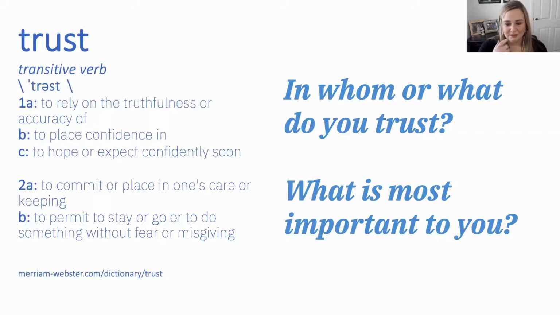If you look at the second definition for trust, it says you could commit or place in one's care or keeping. If you trust somebody with a secret or something like that, that's often a bit harder of a trust to give. When we log into something online, we place trust in whoever that service provider is, that they are protecting our credentials, that whatever information we are seeking from them, they have been securely storing that.